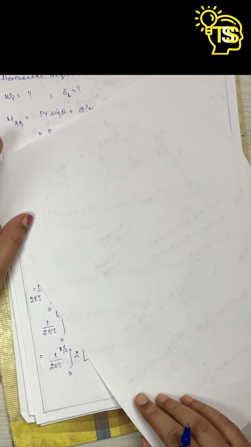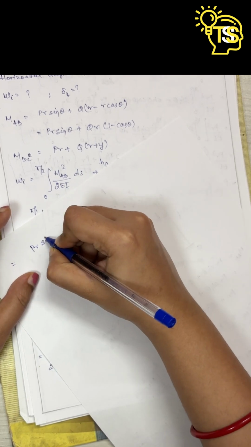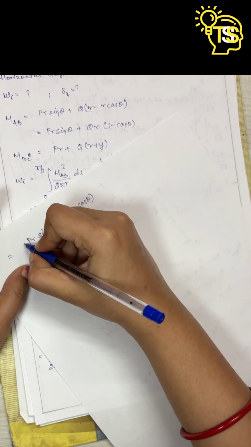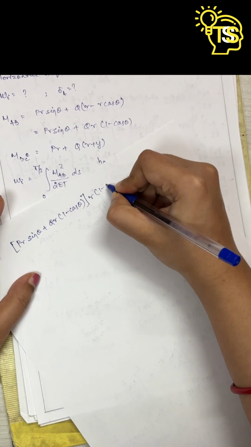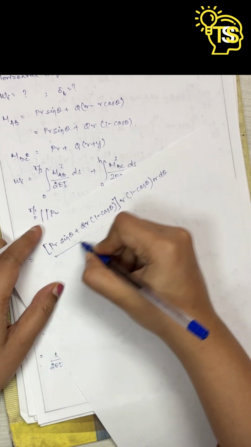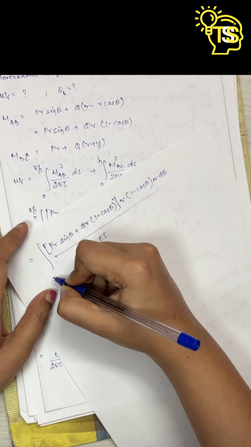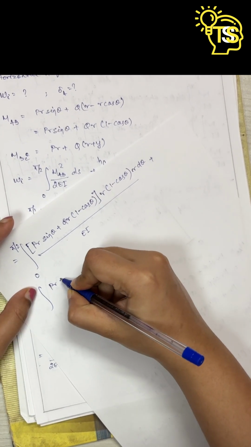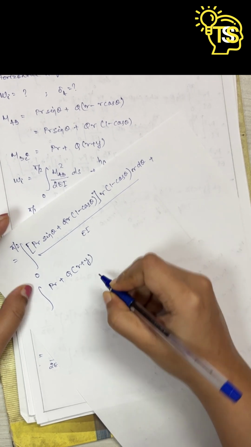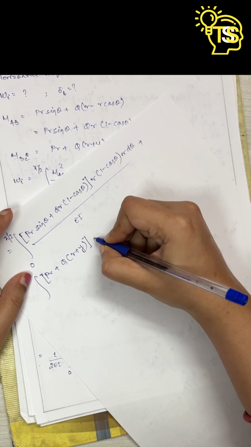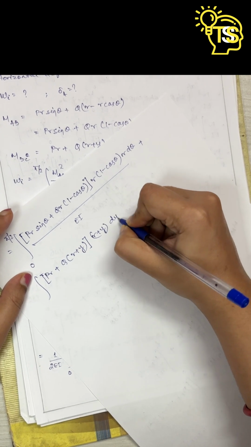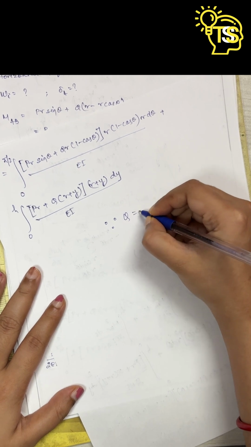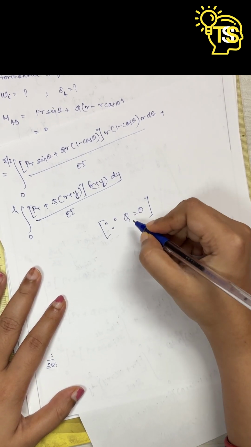So now the value we will get is r. As the value of Q is 0, let's put the value of Q as 0.